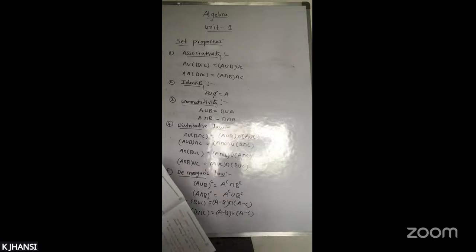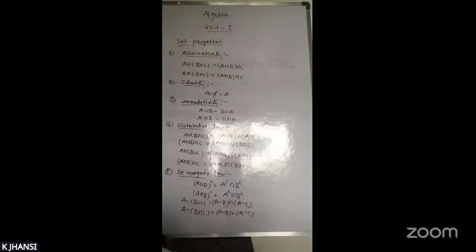Next in this unit we have the Cartesian product and relations. So the relation definition you can see in the textbook. Before the relations we have the Cartesian product.